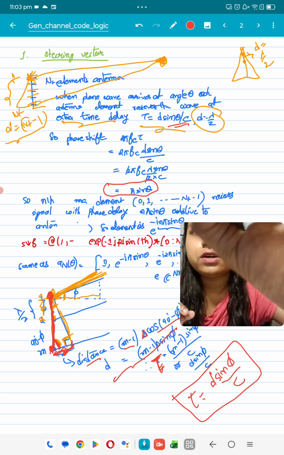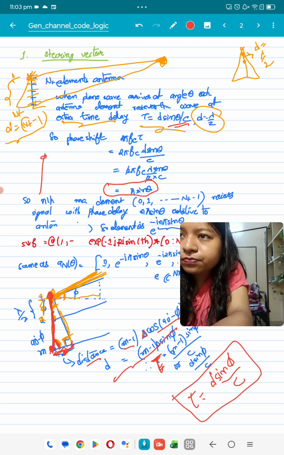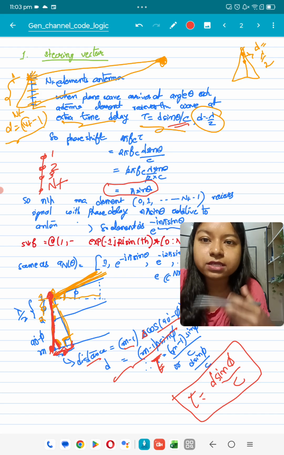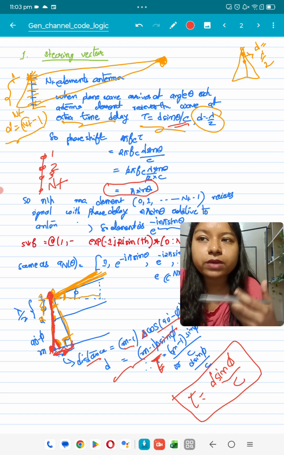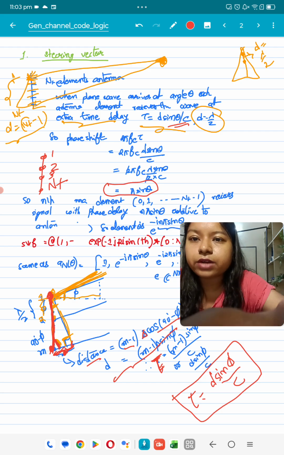I will show you, these are the elements: element number 1, element number 2, element number 3, and element number nt. These are the antenna elements in a base station, in a transmitter, or in a receiver. So there will be a phase shift between each element of pi sin theta. That is what we are trying to say.